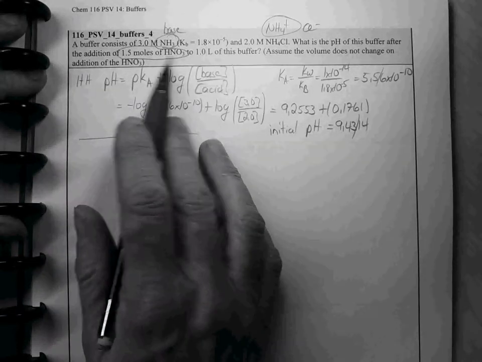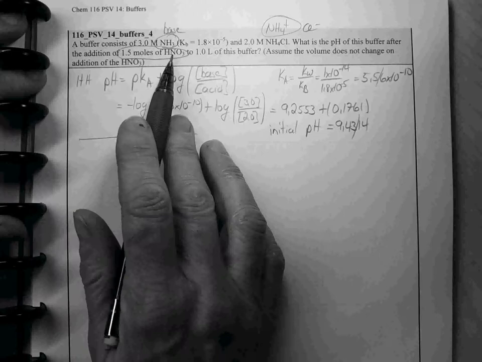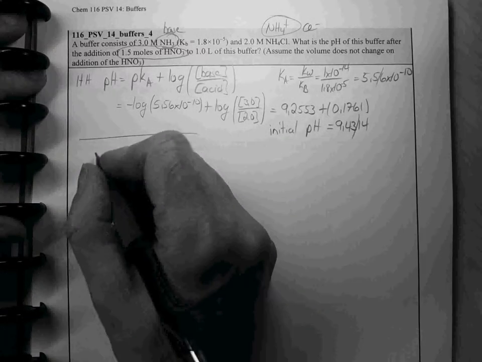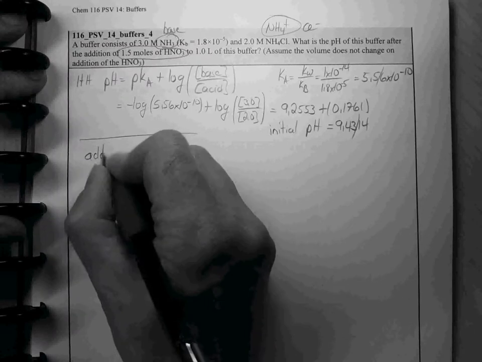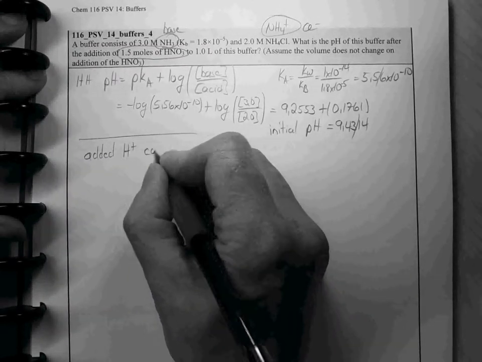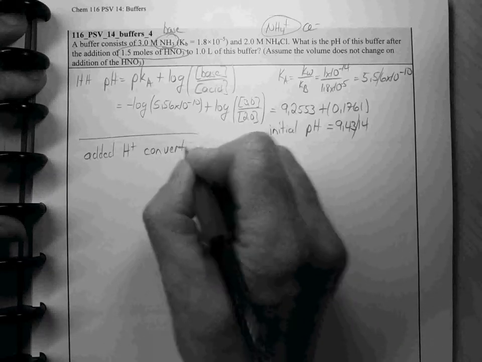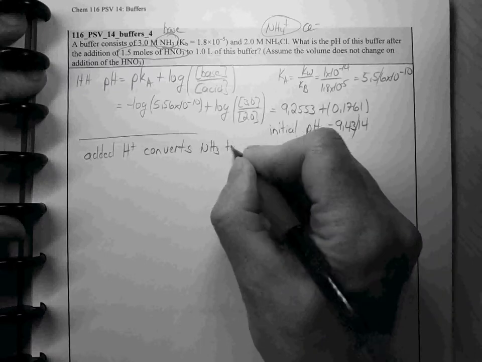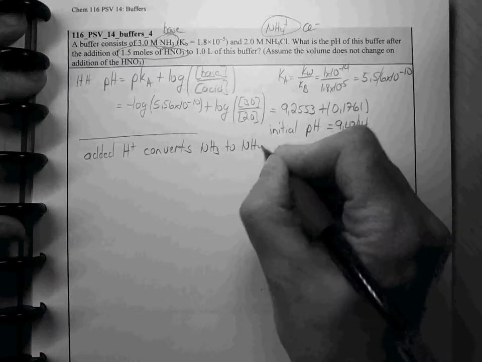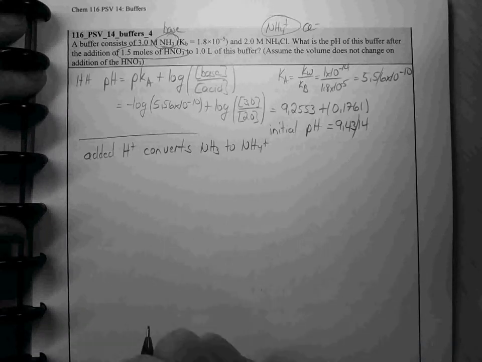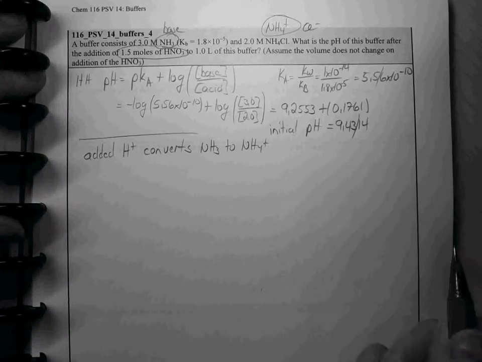When we add a strong acid, it's going to react with our base, and it converts our base, NH3, to NH4+. So we're going to lose NH3, gain NH4+. So let's calculate how much of each.